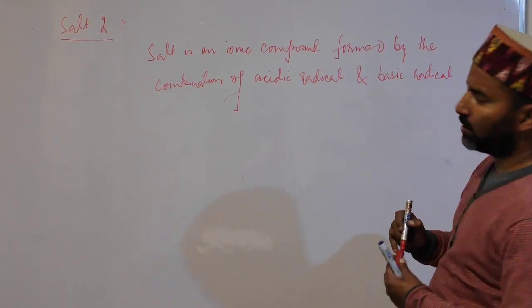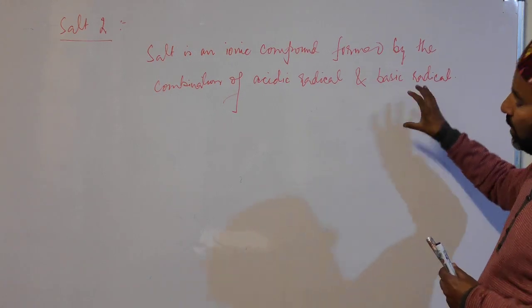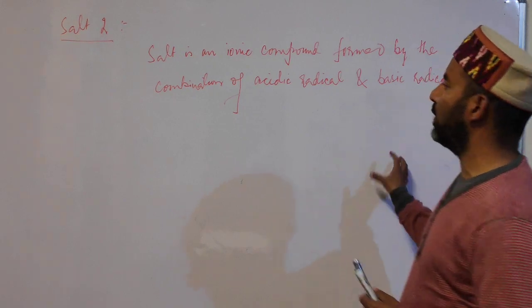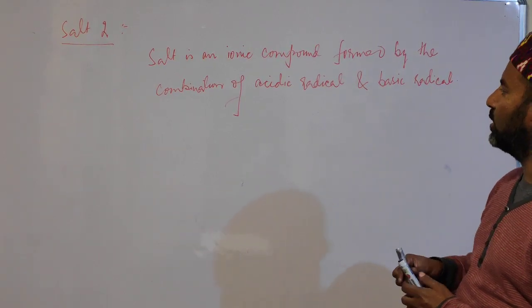So one of the radicals will come from the acid, the other radical will come from the base. So we generally say salt is an ionic compound formed by the combination of acidic radical and basic radical.